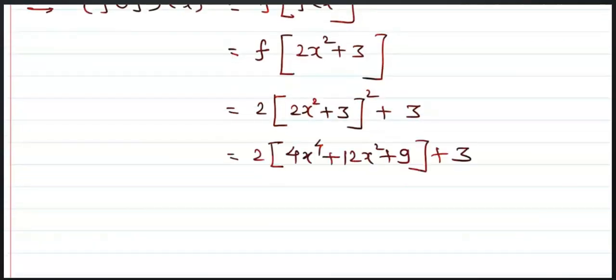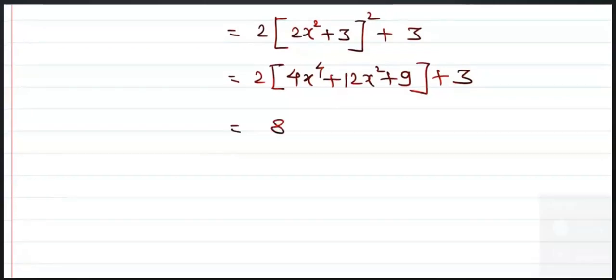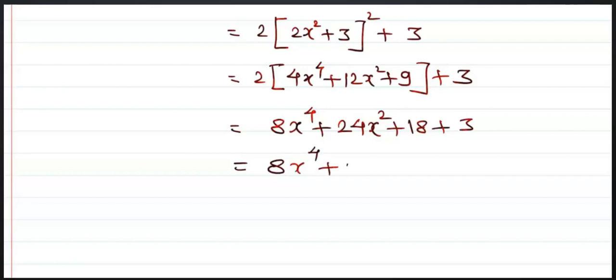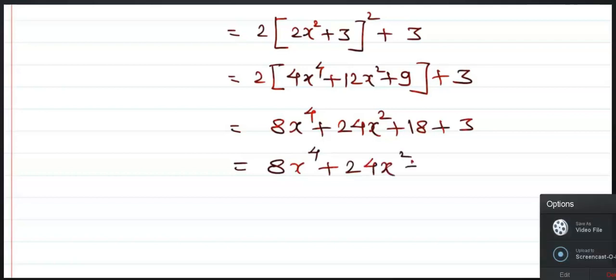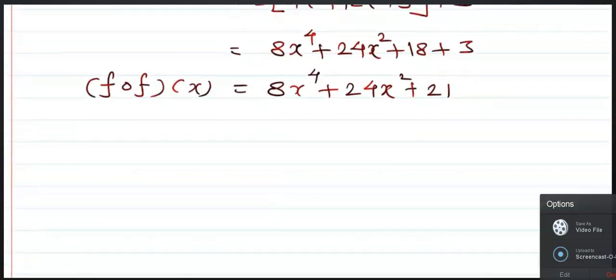Now expand this. That is 2 in bracket 4x raised to 4 plus 12x square plus 9 plus 3. And after simplification, you will get 8x raised to 4 plus 24x square plus 21. This is the FOF of x.